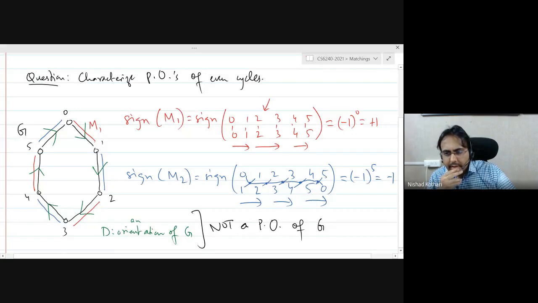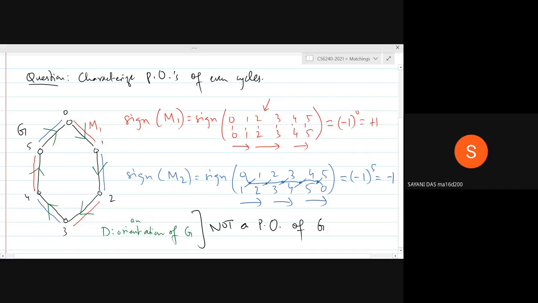Okay. So now I want to think about what will happen if I flip one of the edges. Supposing I flip the direction of one of the 6 edges, then what's going to happen? Is the new orientation going to be Pfaffian or is it not going to be Pfaffian? Yes. It is going to be Pfaffian, right?